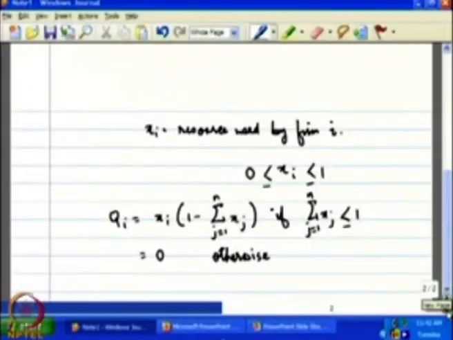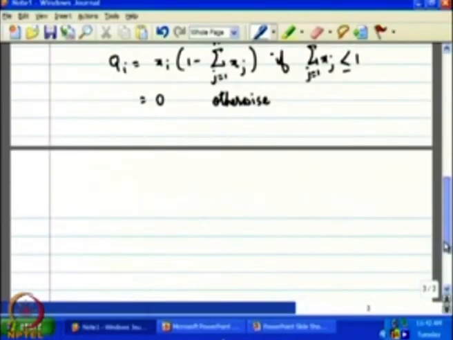What we need to do is model this situation as a strategic game, compare it with the Cournot model that we have seen before, and find its Nash equilibrium. So, if I have to see this as a strategic game, then I have to specify these three components.